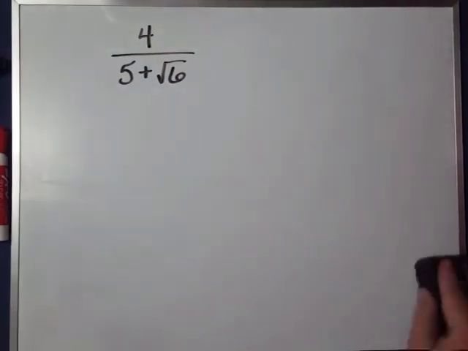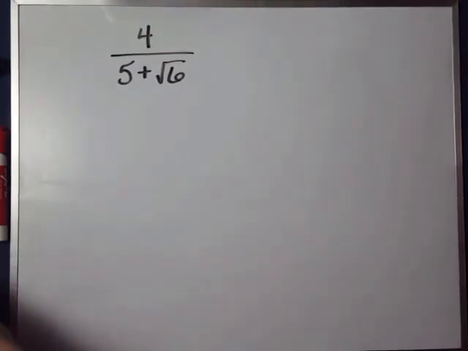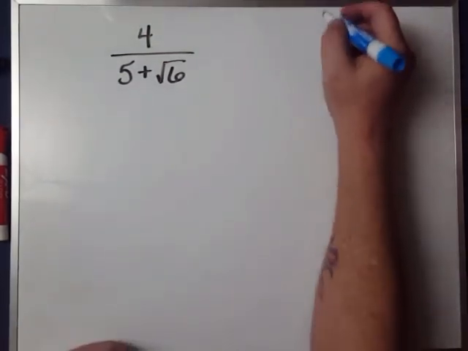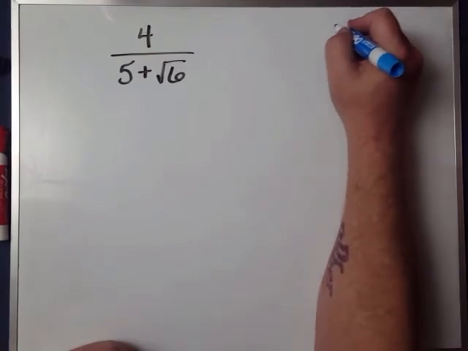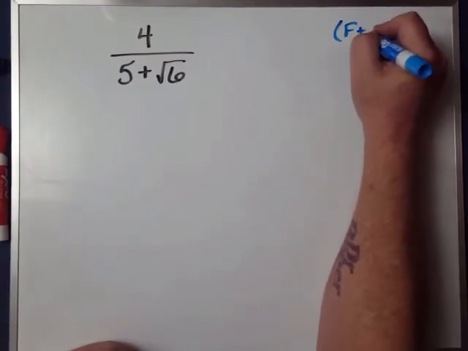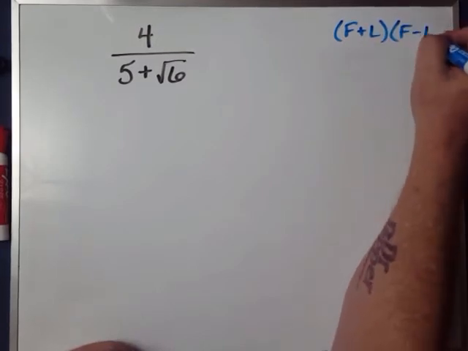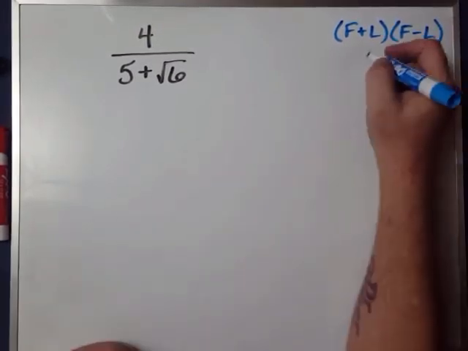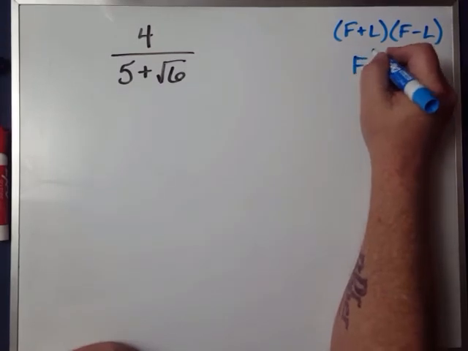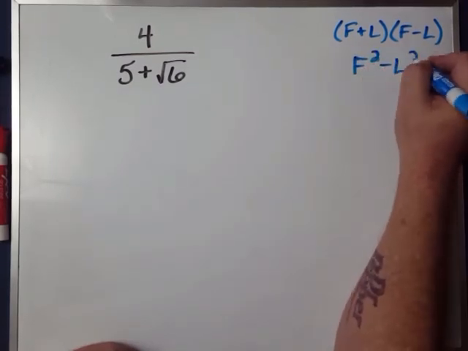The idea that we saw there in number 34 is going to get us through this problem. If we multiply the sum and difference of the same 2 terms, it will give me the first squared minus the last squared.